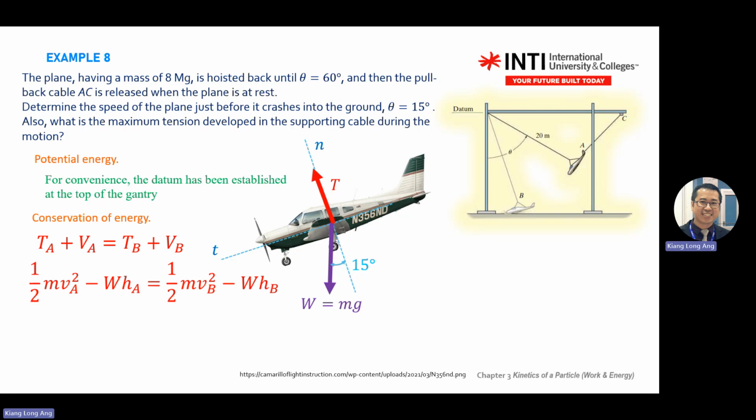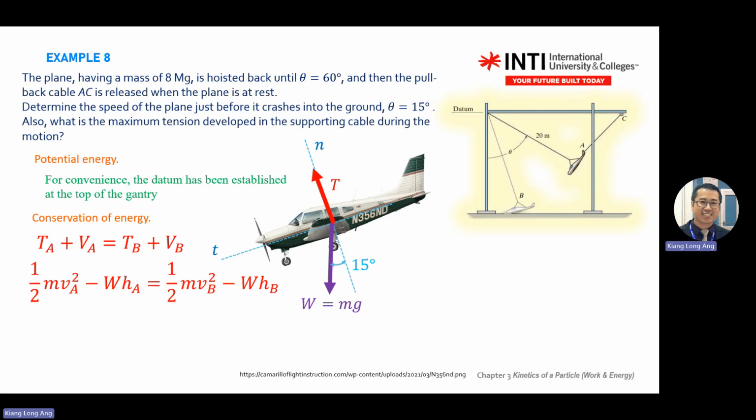Okay. So minus mgh. Why minus here? Why is there a minus energy for your potential? Why negative?